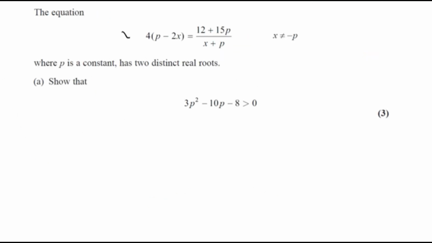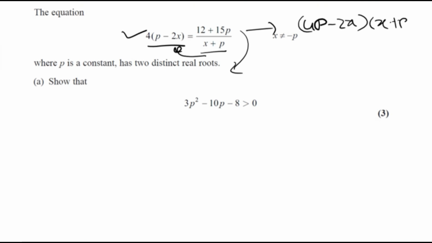Okay, we have this equation and we have to show that, means we have to simplify it in this form. So first simplification, I will do multiplication of this bracket, that will give me 4p minus 2x, and I will multiply this by x plus p on the opposite side, x plus p, and equal to 12 plus 15p.